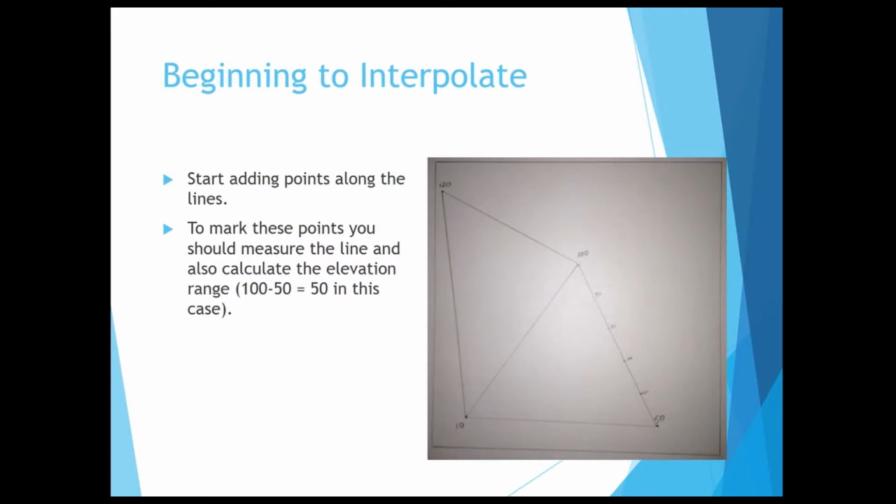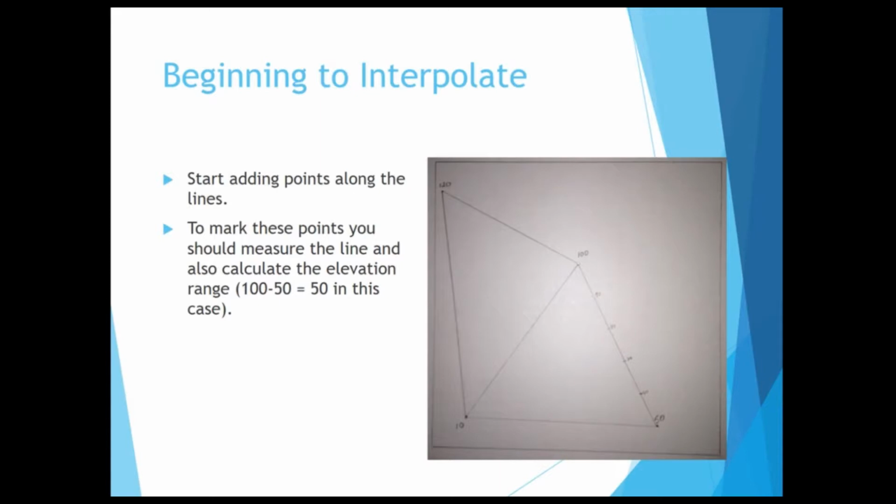Then we're going to start adding data points between our real data points. The ones we're adding are calculated data points. To make these, we have to figure out how many and where they're going to be.